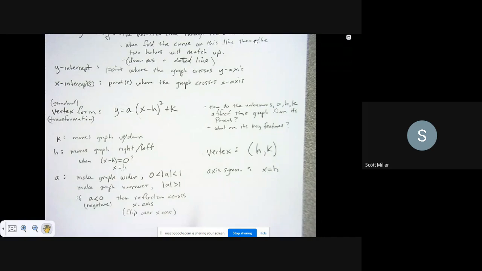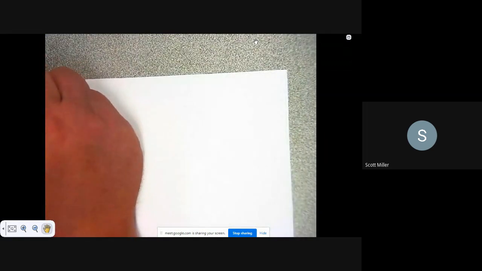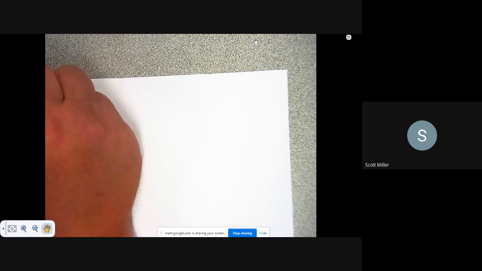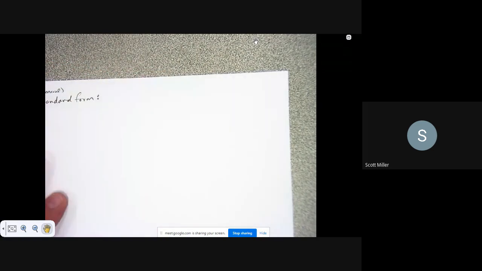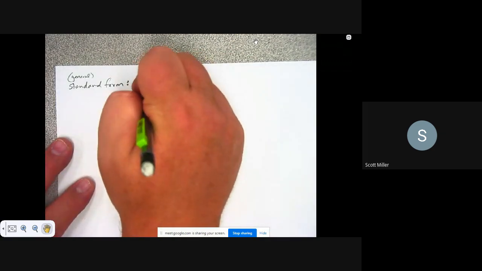All right, let's take a look at one of the other ones and see how those numbers move around. Now we're going to look at what the books call standard form. Sometimes I'll call it general form, because when they go up to the next level, they kind of change the names on these things for you guys.